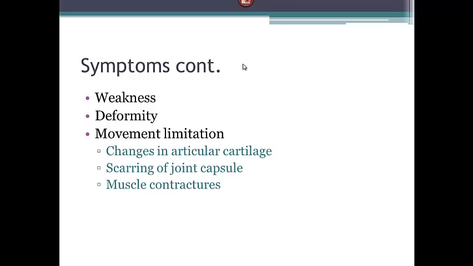Do you have any trouble standing up after sitting in a chair? Have you noticed any decrease in your muscle size? Do you have any trouble swallowing, chewing? Do you have any difficulty turning doorknobs? Those are very common questions associated with that.